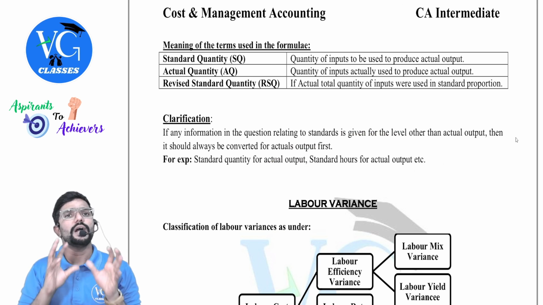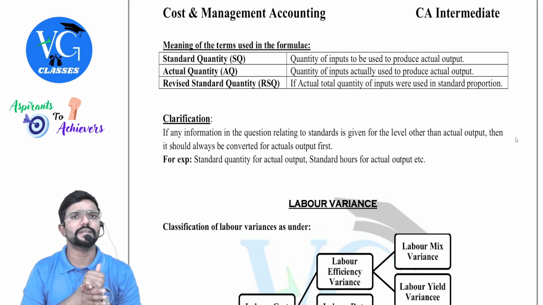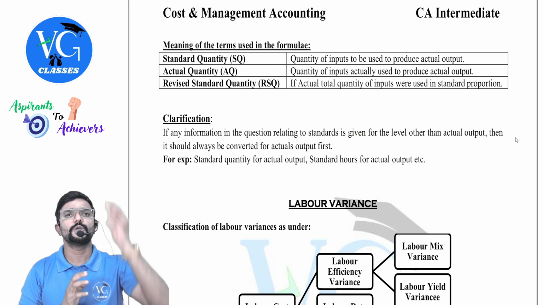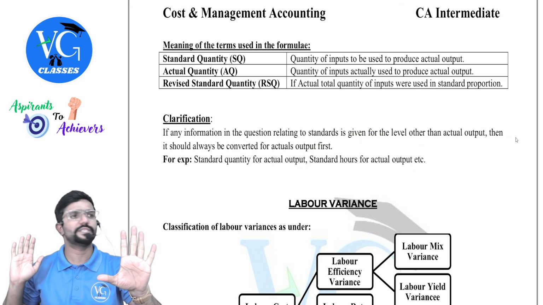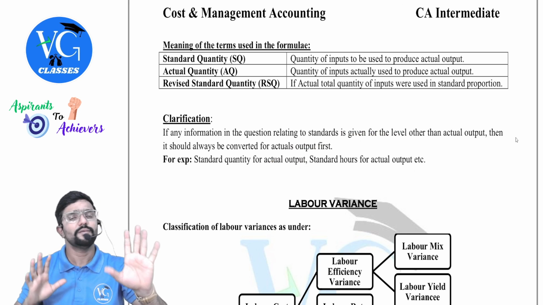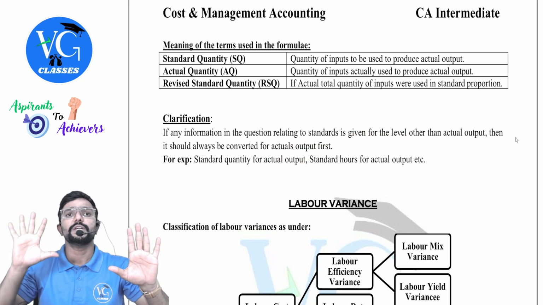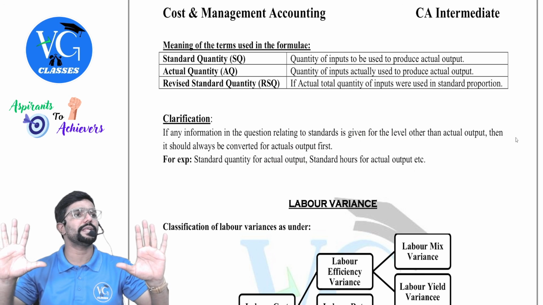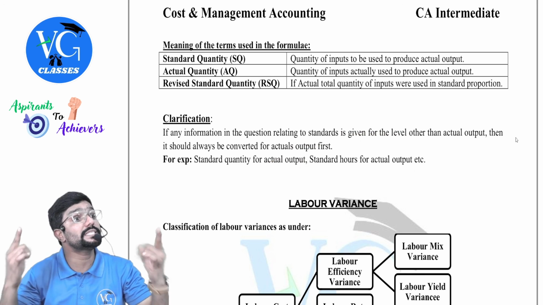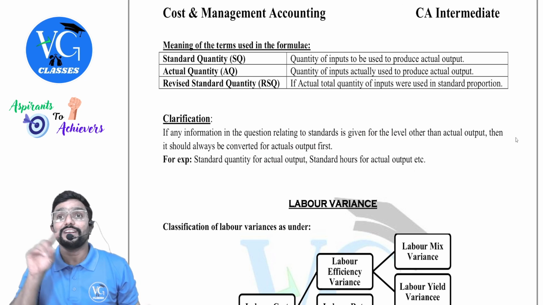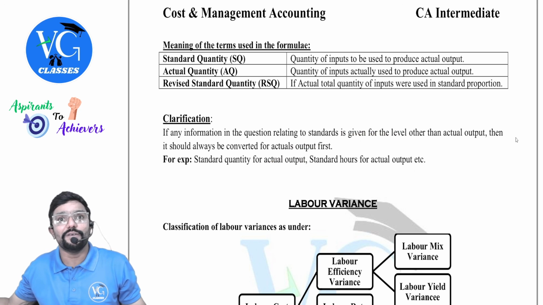Clear? No, sir. I don't want to calculate individual yield. I want to calculate overall. Can I do? Yes. What is the formula? Total standard input, input is nothing but quantity for actual output only, minus total actual quantity into average standard price. Now you cannot take standard price. Why? You are doing it overall.